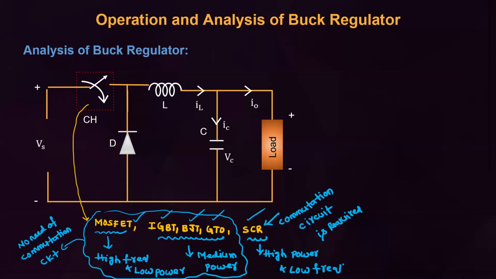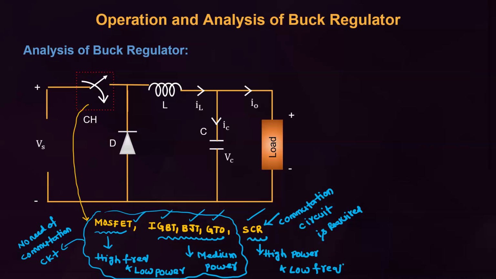Before going to the in-detail analysis, by seeing the circuit, some points you have to remember. And one more point you have to remember, friends. Just by seeing the chopper, you have to identify whether it is a step down chopper, step up chopper, or up-down chopper.